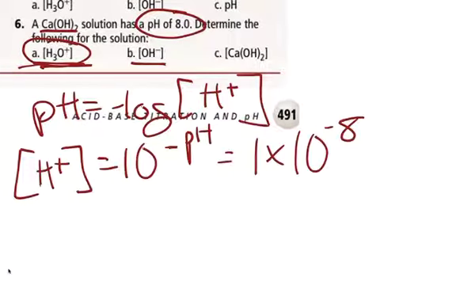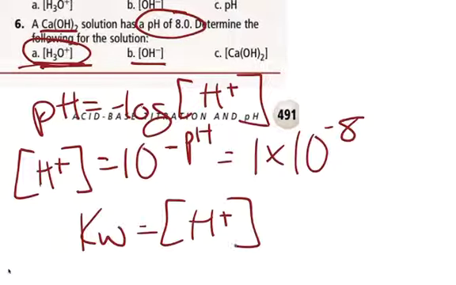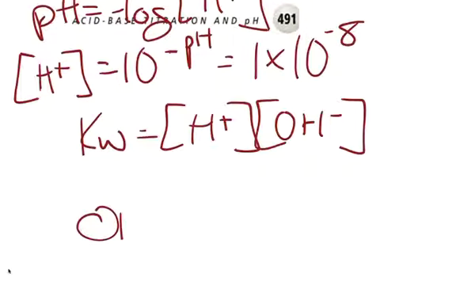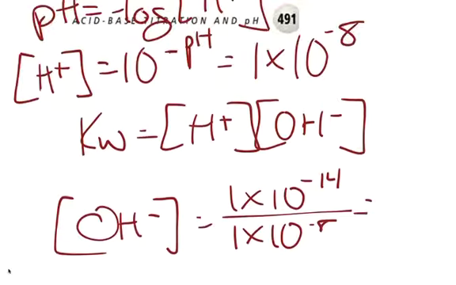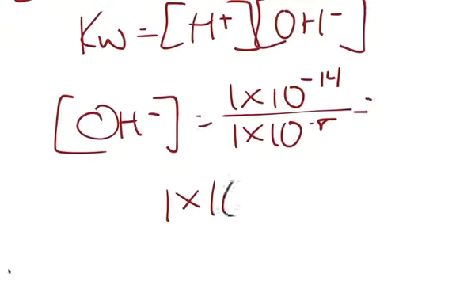My hydroxide ion concentration, again, using our Kw relationship of hydrogen ions times hydroxide ions, will give me a hydroxide ion concentration of 1 times 10 to the negative 14th, divided by, when I rearrange it, 1 times 10 to the negative 8th. So my hydroxide ion concentration is 1 times 10 to the negative, adding 8 to it, negative 6th.